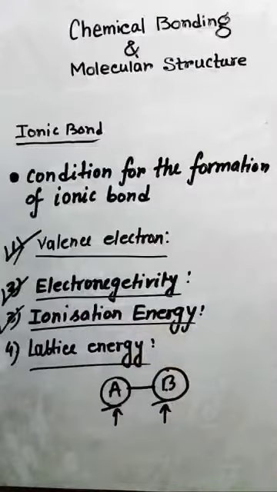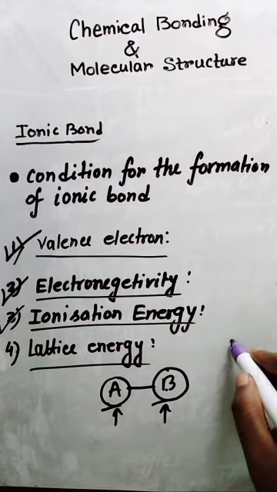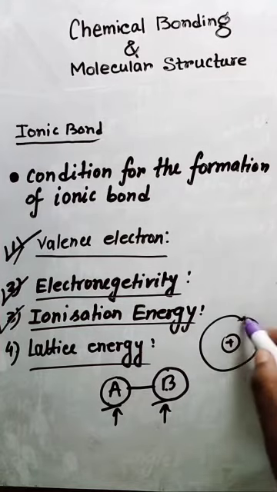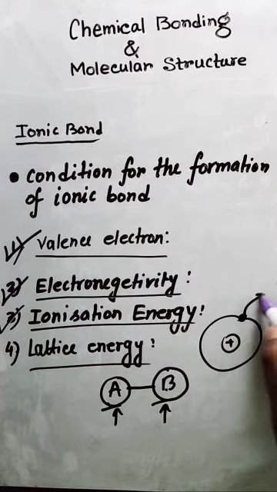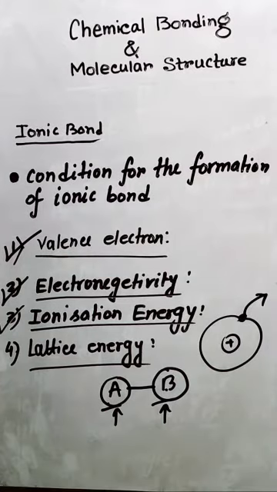Third point is ionization energy. Ionization energy means the energy required to remove an electron from the valence shell. Metals require less ionization energy because metals are always stable in positive oxidation state.